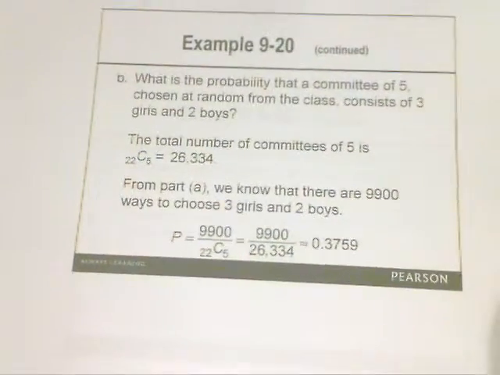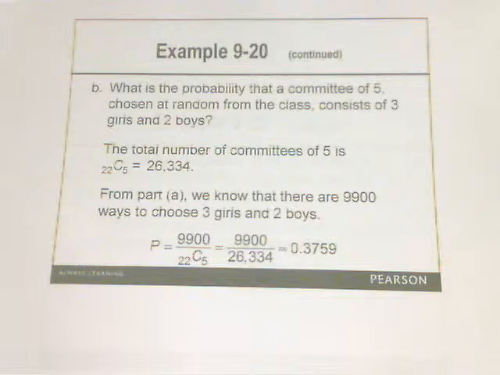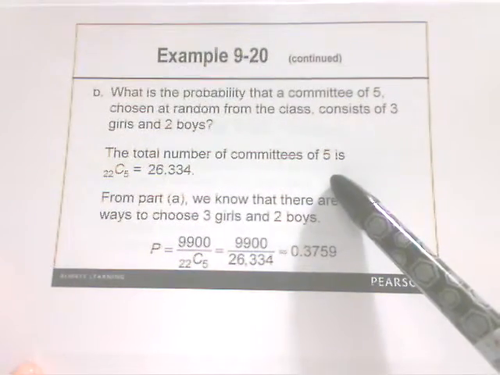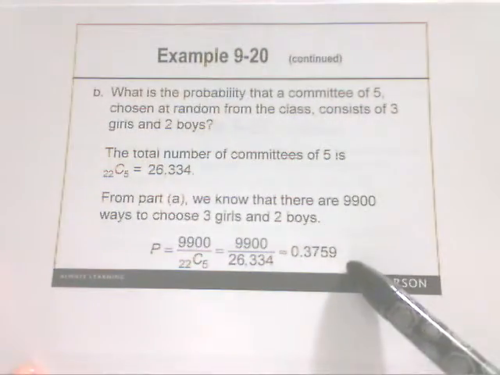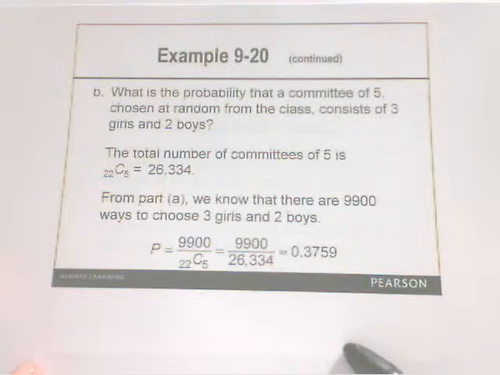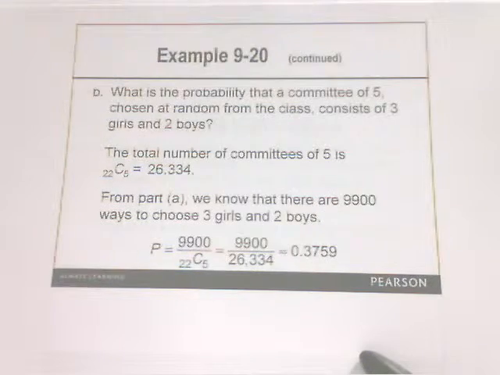Okay, part B, what's the probability that a committee of 5 chosen at random from the class consists of 3 girls and 2 boys? All right, the total number of committees of 5 would be 22C5, which was 26,334 if you were to use the formula.